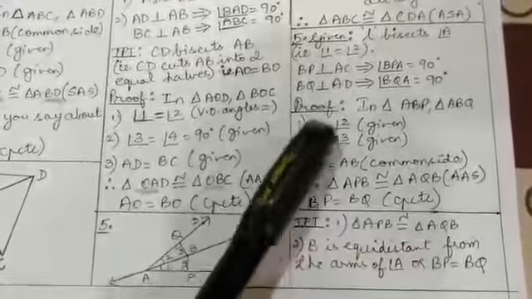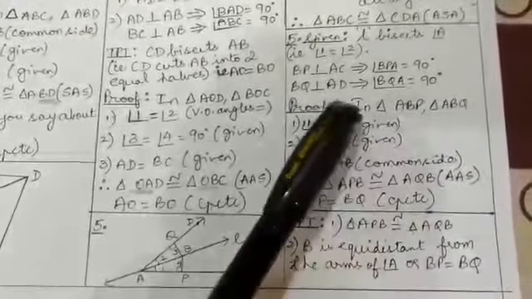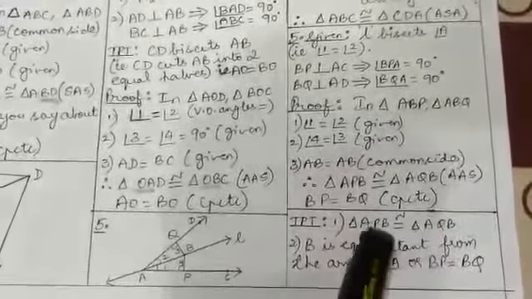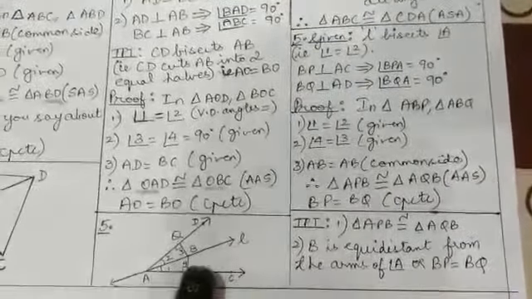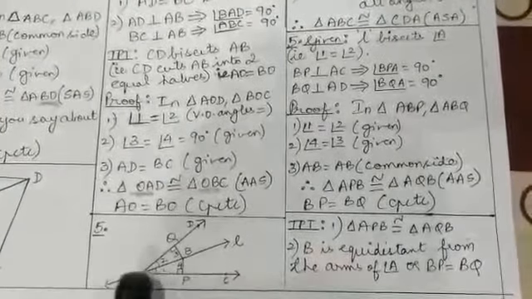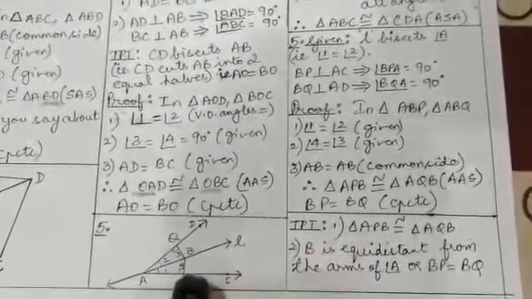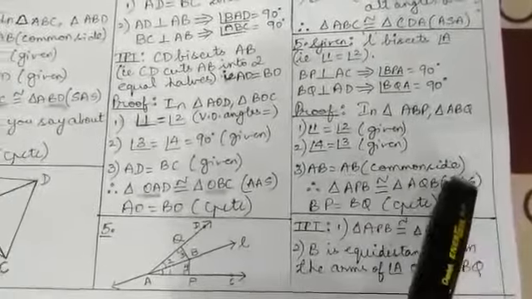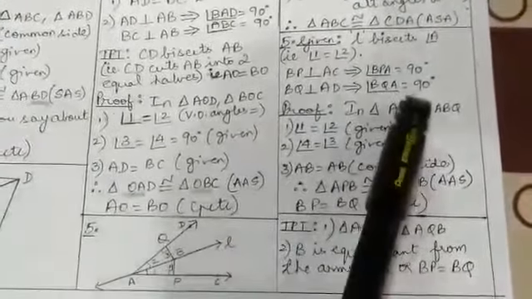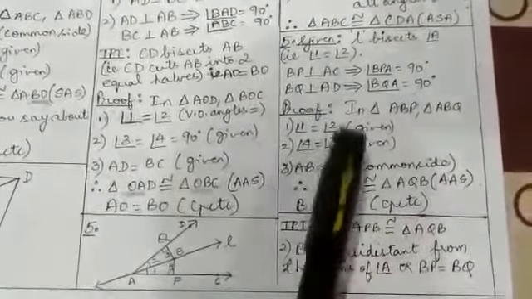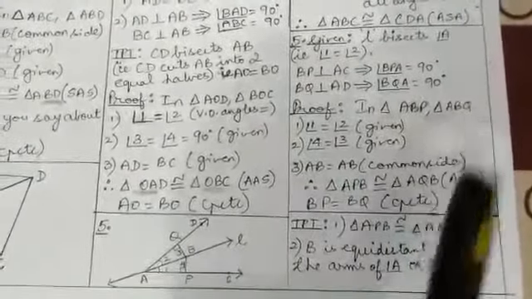See here, angle 1 and angle 4 are of the first triangle. Angle 2 and 3 are of the second triangle. Angle 1 equals angle 2, angle 4 equals angle 3. One more information. AB is a side common to both the triangles. AB equals AB, common side. Again remember, all this of the first triangle is equal to all this of the second triangle.